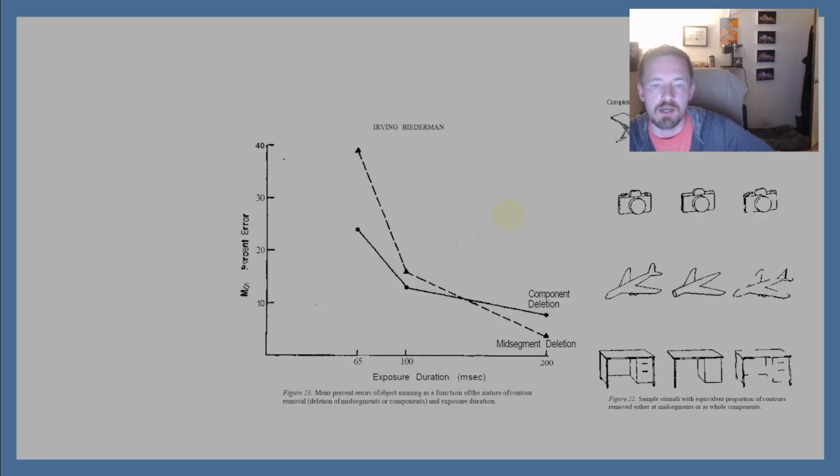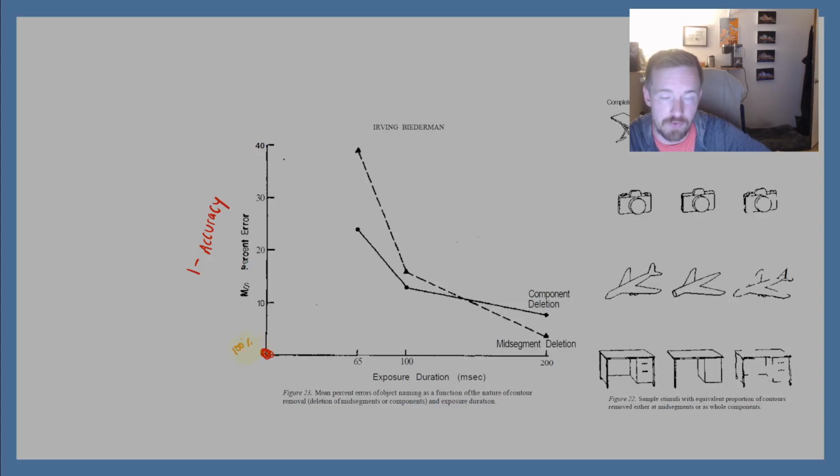All right. Here we're looking at accuracy now, and this is mean percent error, and this always annoyed me when I would see this in graduate school, because mean percent error is just the inverse of accuracy. What does that mean? Basically, if you scored down here, that means you did 100%.